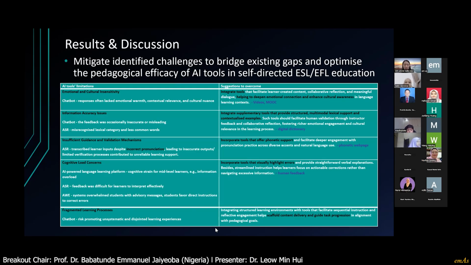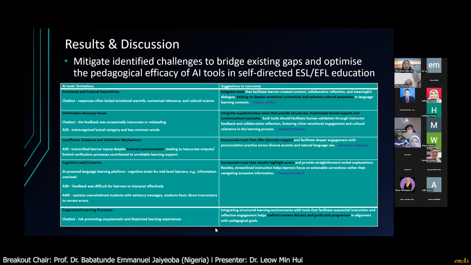We can also integrate non-AI tools such as videos, which can help to provide more cultural knowledge for the learners. And if the chatbot or ASR gives inaccurate information, we can use a conventional dictionary or digital dictionary to find out the true meaning, the true answers.